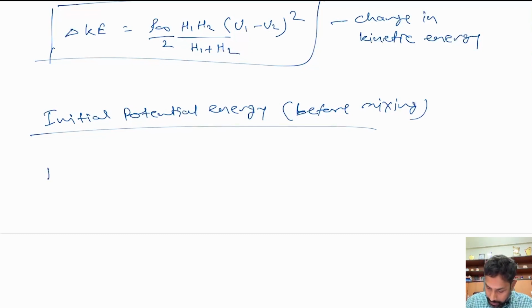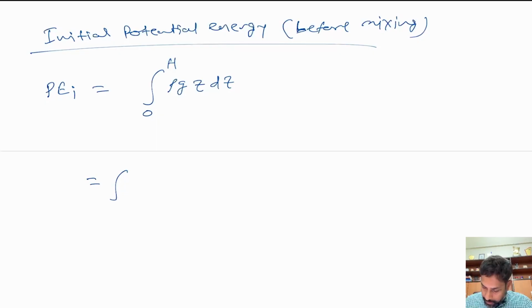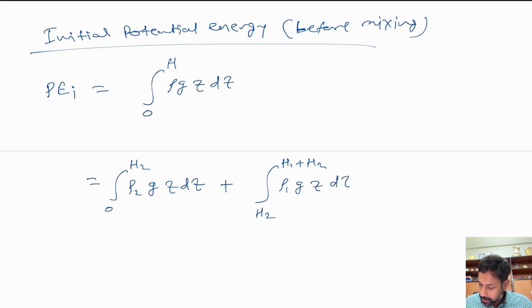We can call it PEI, which will be defined as the integral from 0 to H of rho g z dz. So that is the total value, but we have to break it down from 0 to h2 of rho 2 g z dz plus h2 to h1 plus h2 of rho 1 g z dz, right?